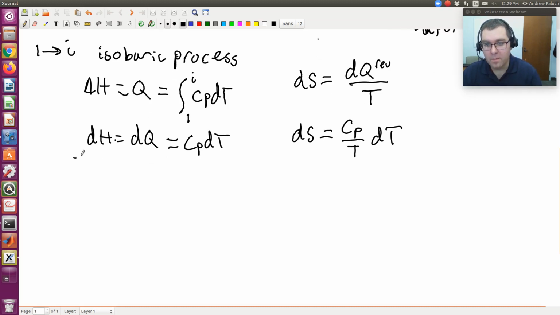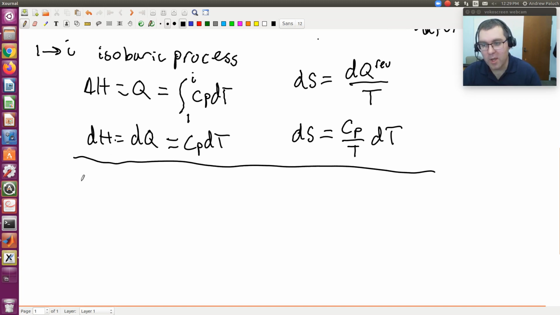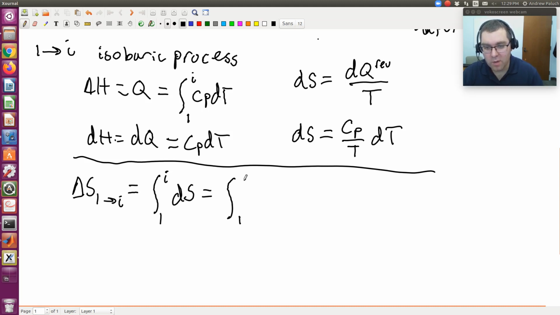Then my change in entropy, delta S going from 1 to I, is computed as the integral from 1 to I of dS, which in this case would be the integral from 1 to I of Cp over T dT.